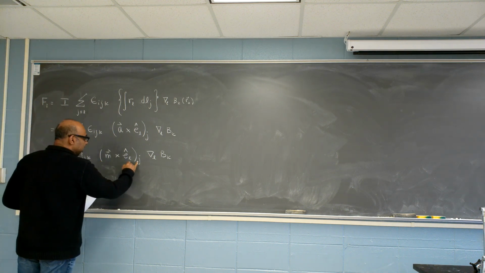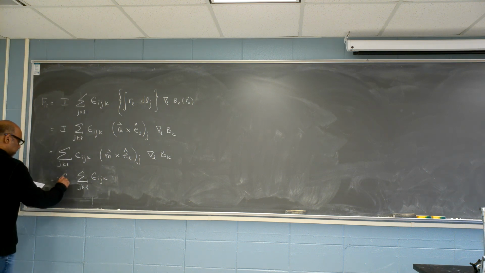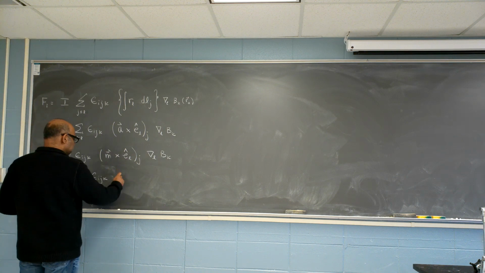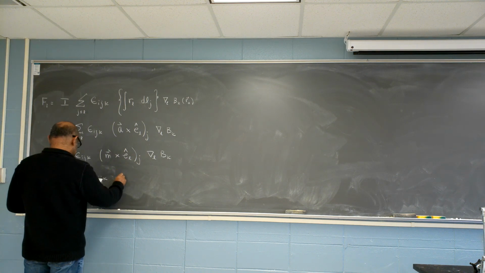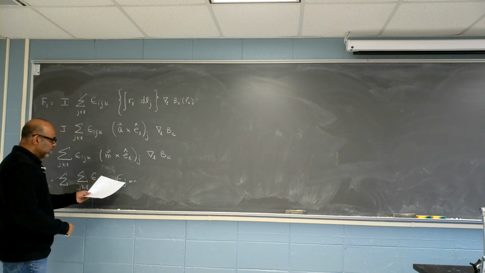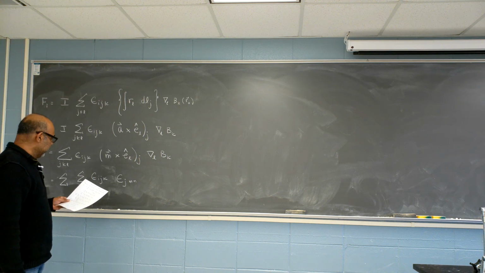This is the jth component of a cross product. So I'm going to write this as epsilon, jth component, m, n. Too bad I used m, because it's very close to n, I used n.